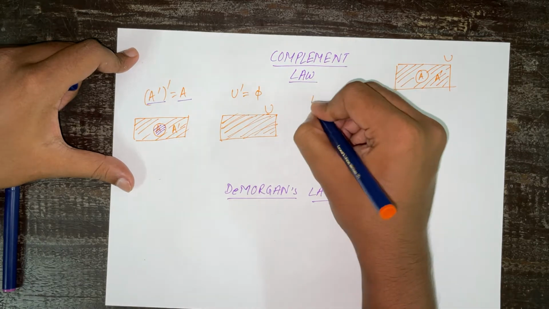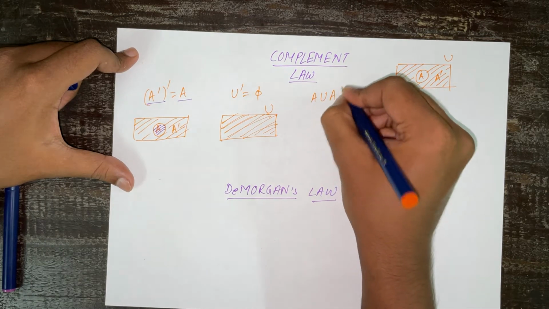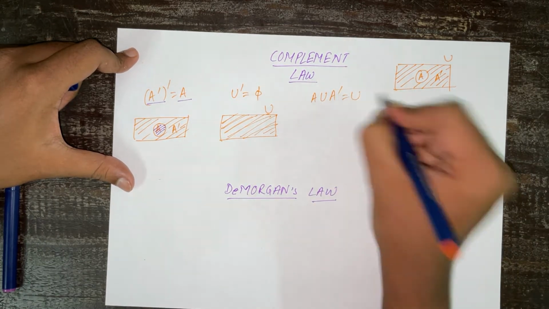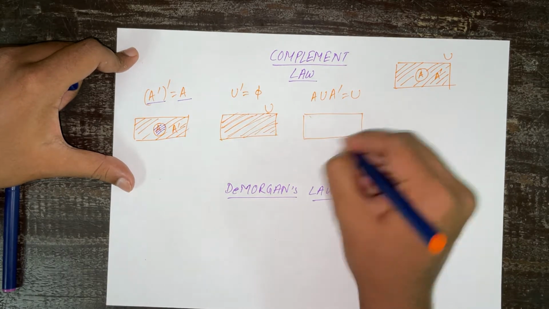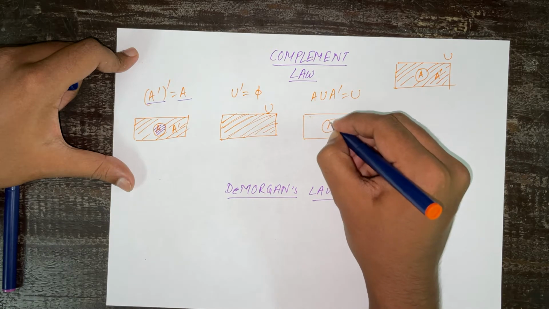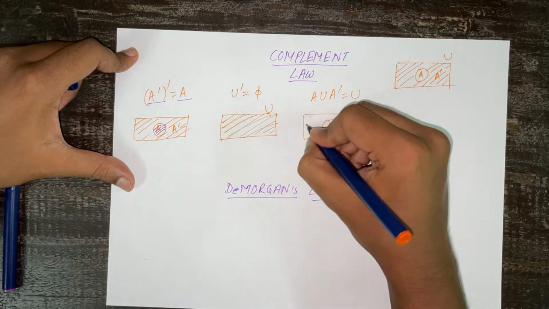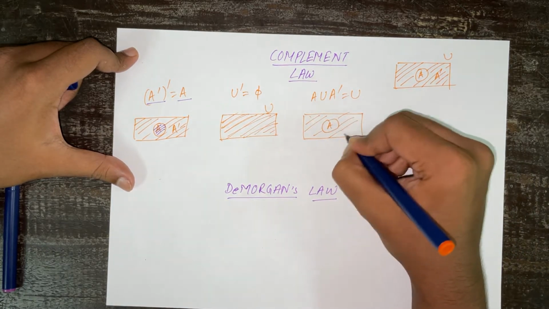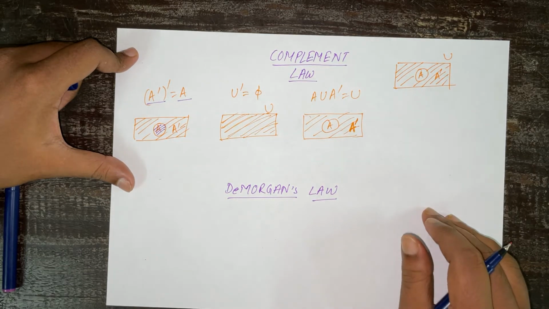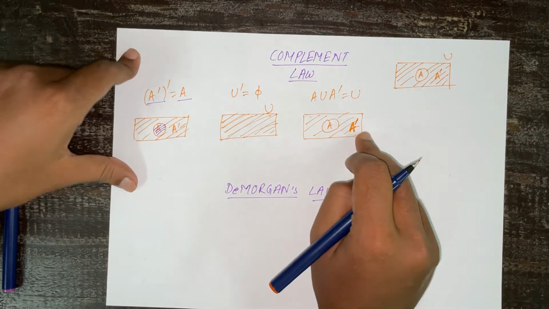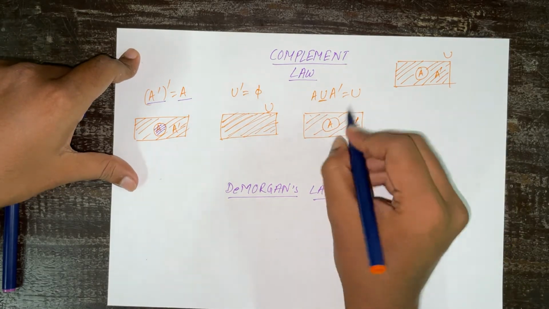Then we have A union A complement, which is given as the universal set. Let's do it again. Suppose this is our set A. The region outside of this shaded region is our A complement. So this is A, this is A complement. Union means you combine these regions.